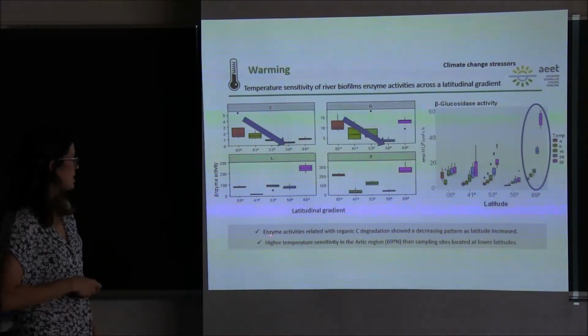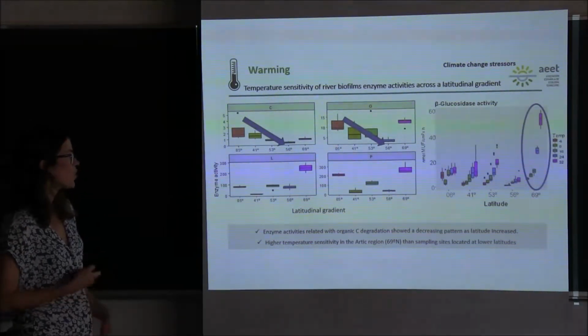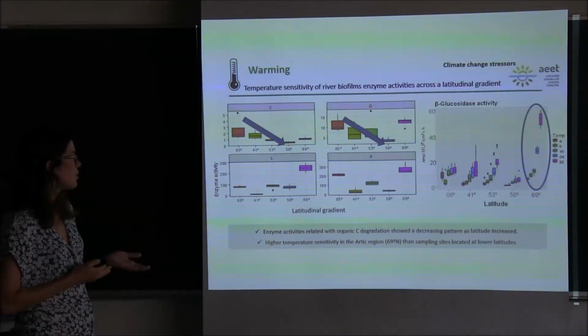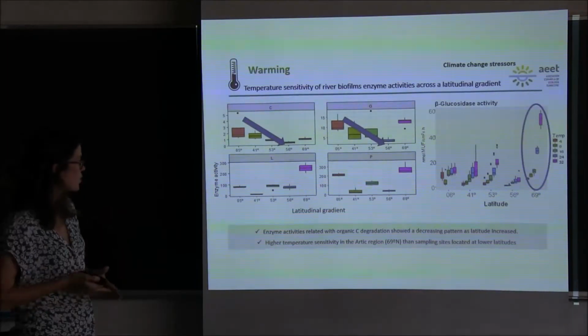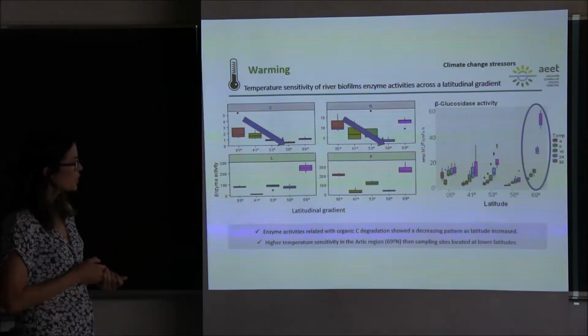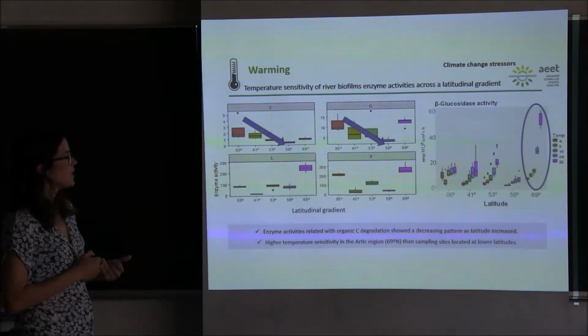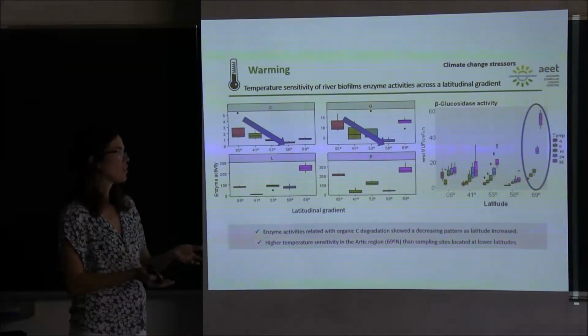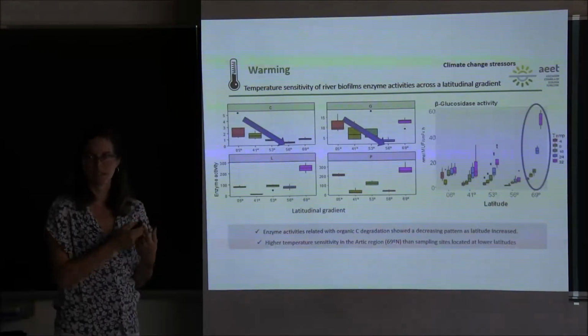Our result is that the enzyme activity related with organic compounds shows a decreasing pattern as latitude increases, especially for carbon degradation, not for nitrogen and phosphorus, and that at higher temperature, these Arctic stations have higher temperature sensitivity in comparison to the other southern sites.